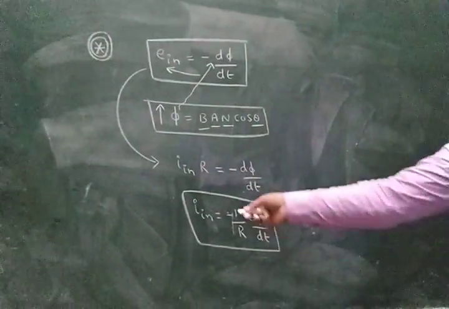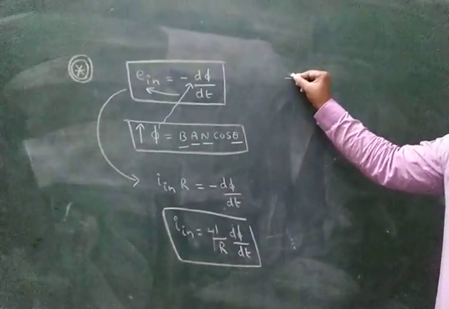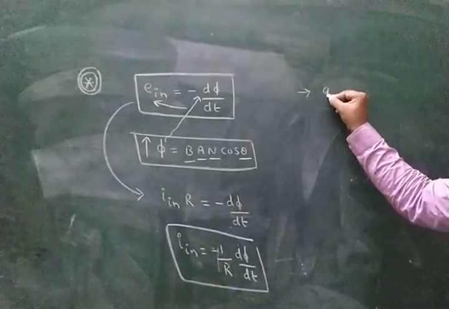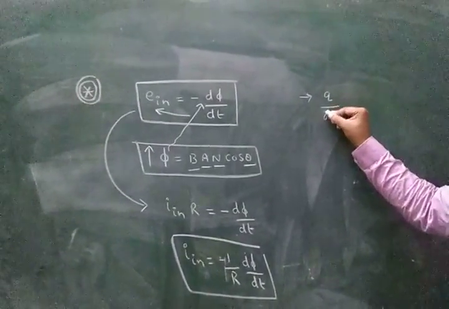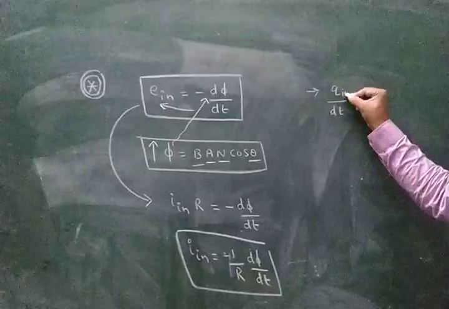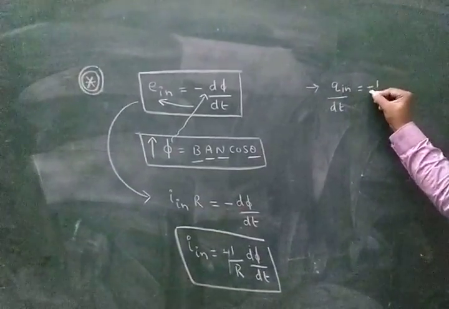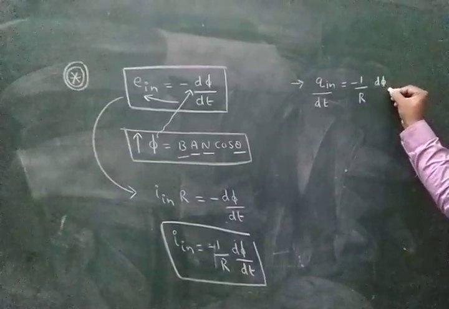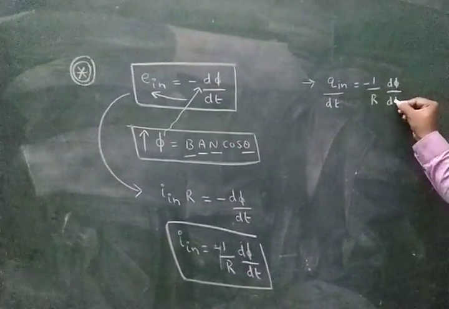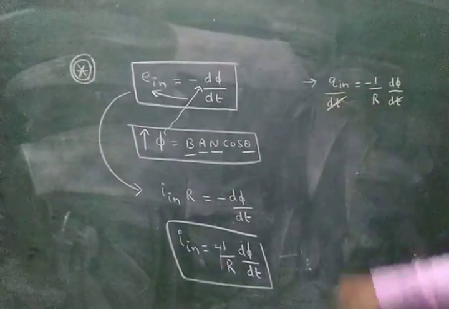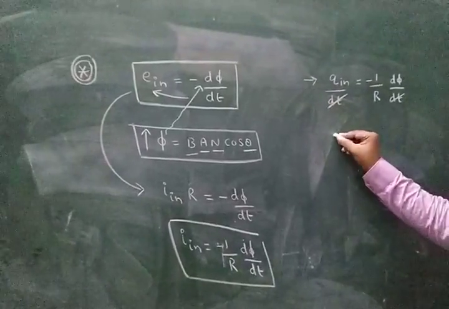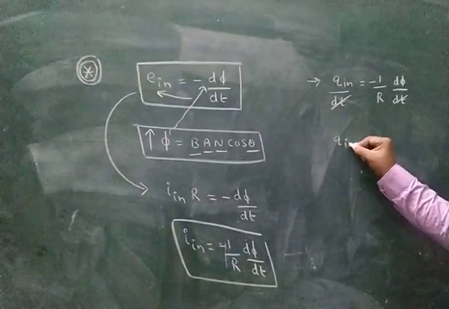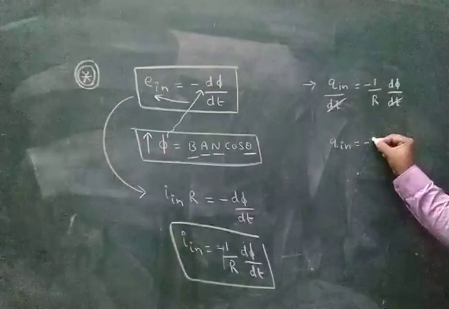Next, we know that current formula is charge by time. Here induced charge by time equals minus 1 by R into d phi by dt. The dt cancels. What is the formula for induced charge?